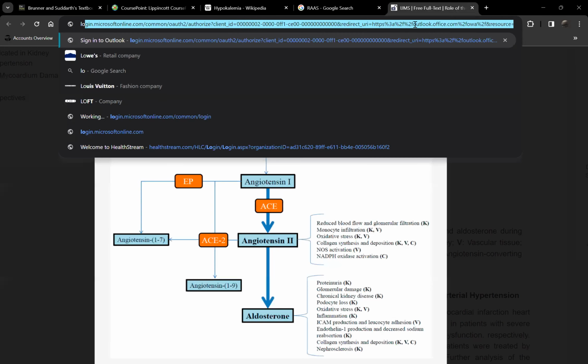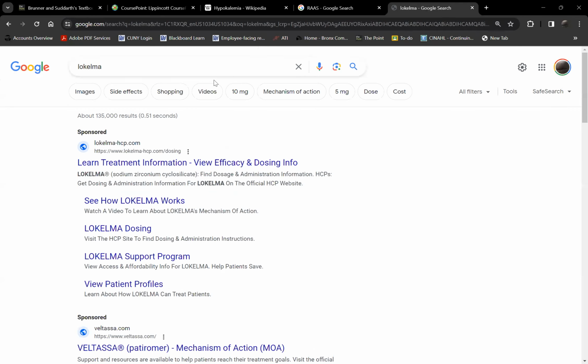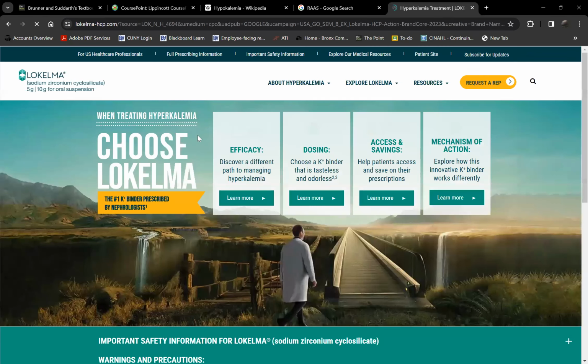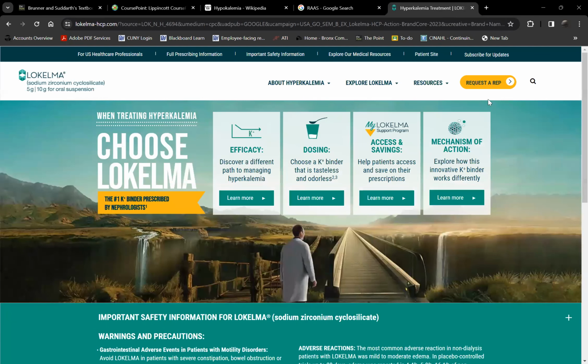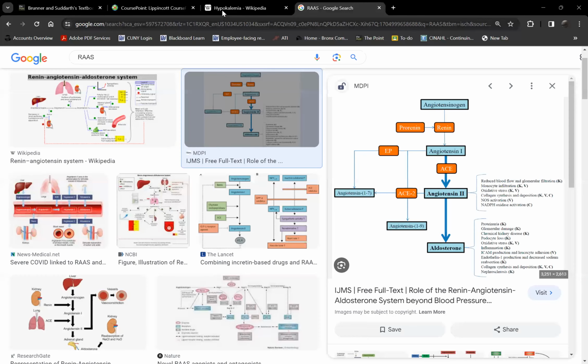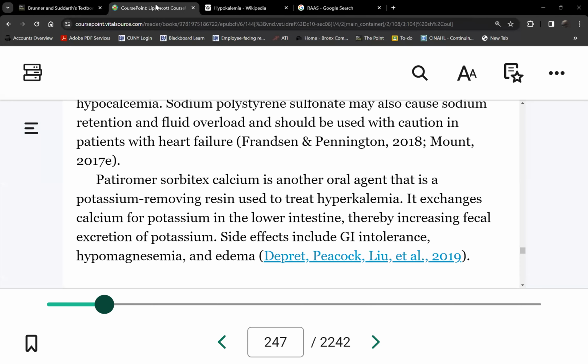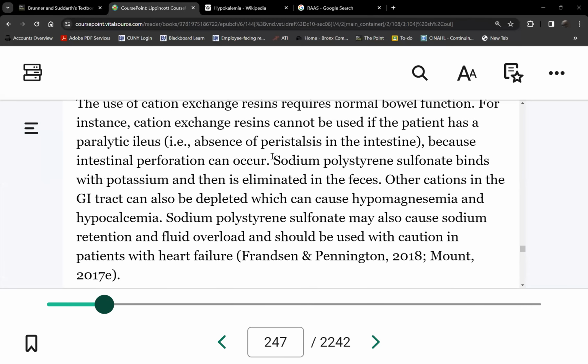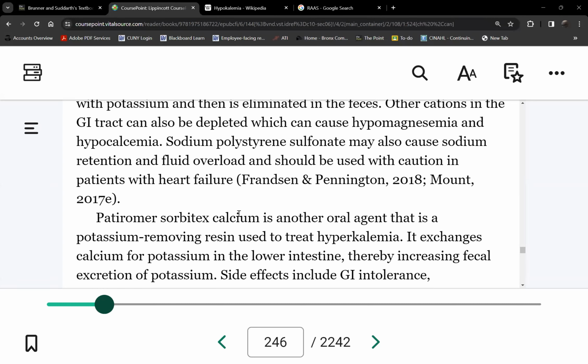Okay, sodium zirconium cyclosilicate, SZC. But I'm only testing what's in your textbook. The textbook has SPS, sodium polystyrene sulfonate, and patiromer. Clear?